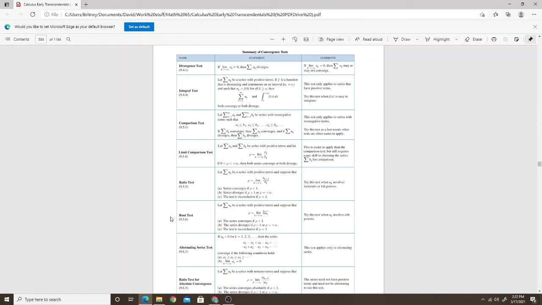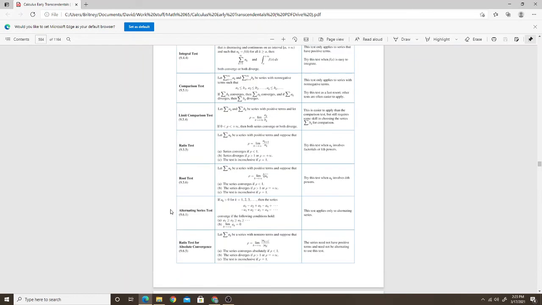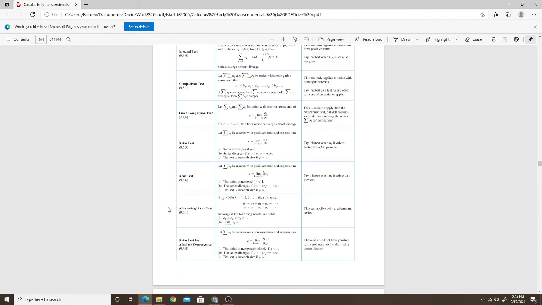Then you have the ratio and root tests. We saw a couple examples of the ratio test today. We didn't see any examples of the root test today, but we've seen examples of it in the past. And then the new one was the alternating series test. That's the one that we talked about today.